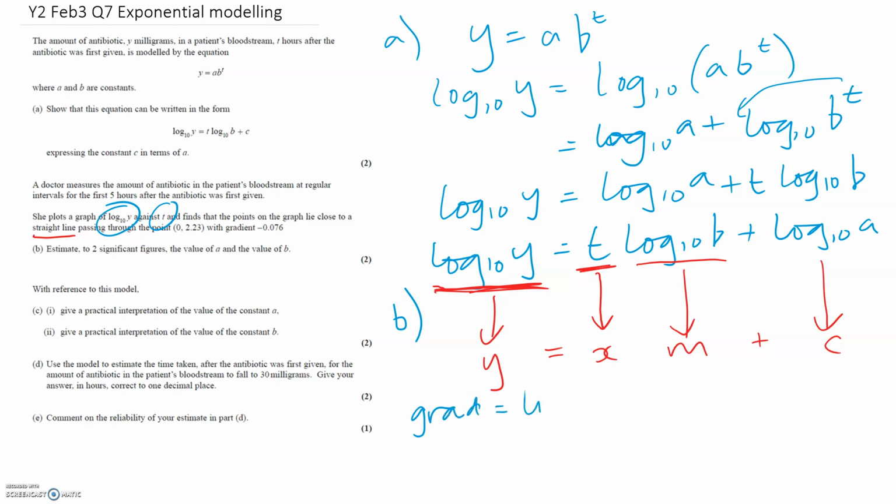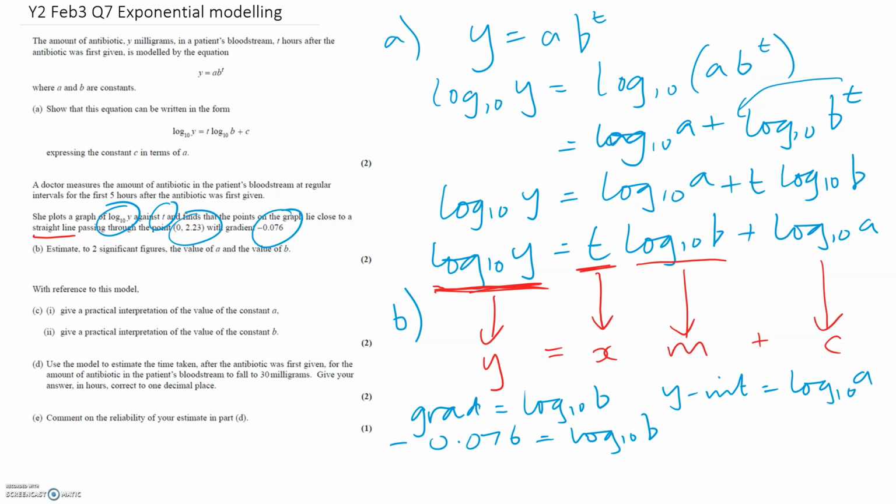So the gradient in this question is going to equal log b to the base 10, and the y-intercept is going to equal log a to the base 10. The question tells us the gradient is minus 0.076, so that will equal log b to the base 10, and the y-intercept is 2.23, so 2.23 equals log a to the base 10.